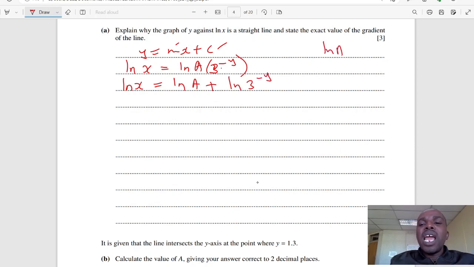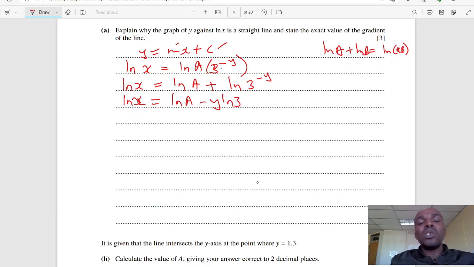Right? ln A + ln B = ln AB, that's the law on multiplication. So you add. In this case, it's multiplication, a times 3 to the power negative y. Then it's ln x = ln a - y ln 3.